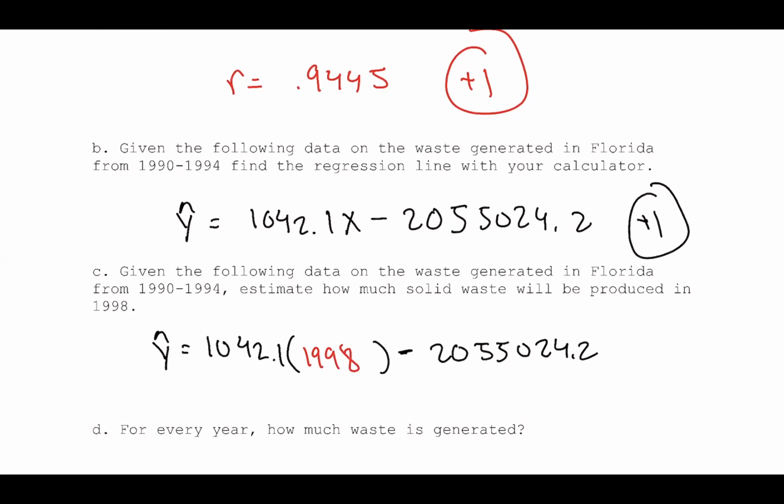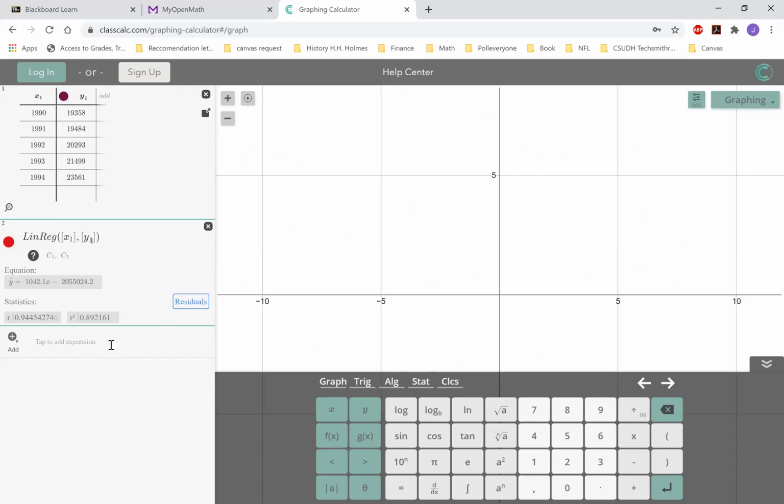So let's go back to Class Calc. In Class Calc, you put 1042.1, multiply it by 1998, and then subtract 2055024.2. Actually, I got this wrong, it's 2045024.2.